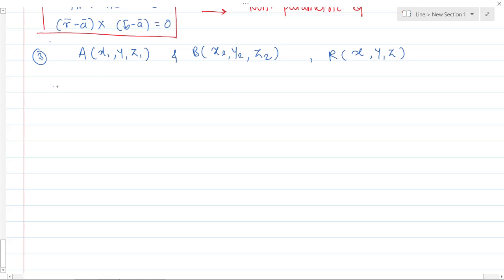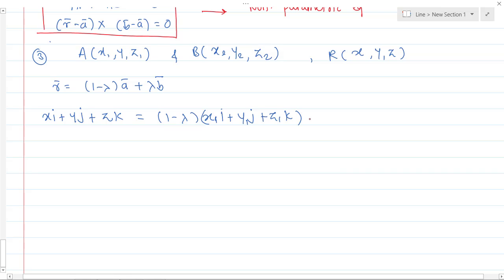So r bar is equals to (1 minus lambda) a bar plus lambda b bar. So let's substitute the values. So we have xi plus yj plus zk equals (1 minus lambda) into x1i plus y1j plus z1k plus lambda into x2i plus y2j plus z2k. Perfect.